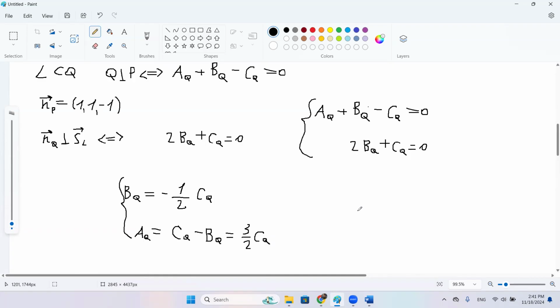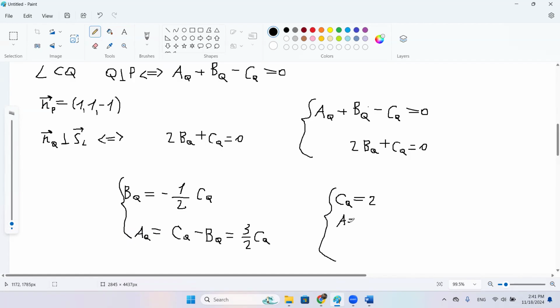So now let's decide which value of C to use for our convenience. What can you suggest? One second. Two, just to eliminate these fractions.